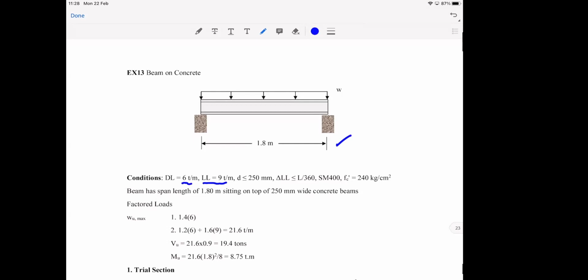That means the load acting on the beam has already been calculated. And we also have the architectural requirements saying that the depth of your beam cannot exceed 250 millimeters. And we also have the condition where the deflection due to live load should not exceed L over 360. You're going to use SM400 steel, and the concrete, which is the support here, is made of the strength 240 kilogram per square centimeter.